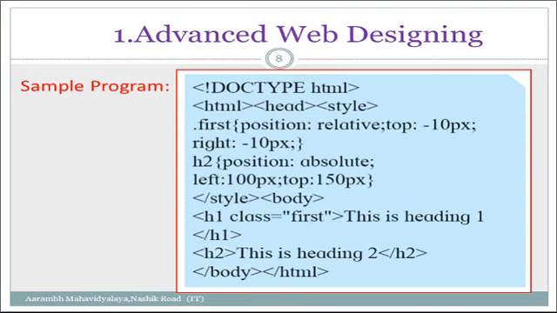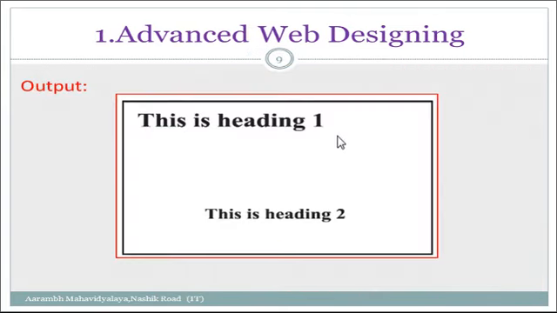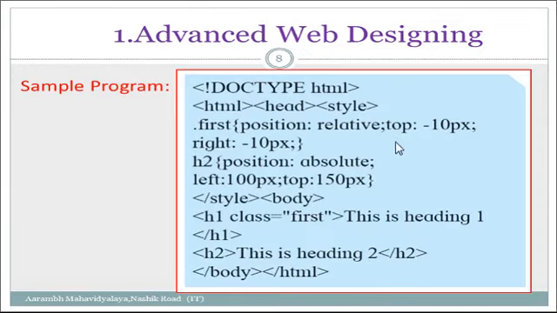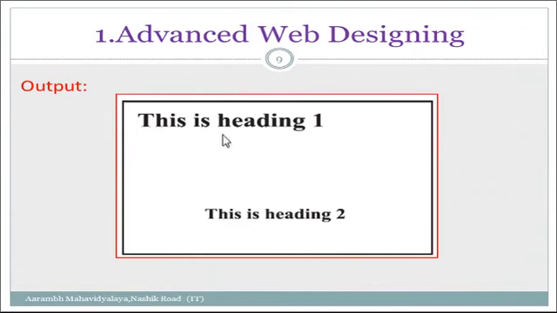Now let's see its output. Here this is the data of heading level 1 and this is the data of heading level 2. For heading level 1 we have used top as minus 10 pixel and right as minus 10 pixel with the relative positioning. Therefore what happened? It displays the data relatively to minus 10 from top and left.